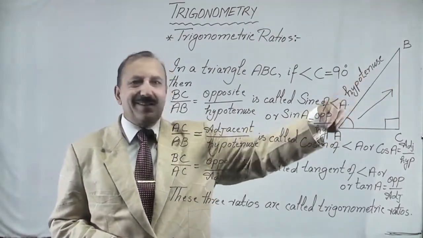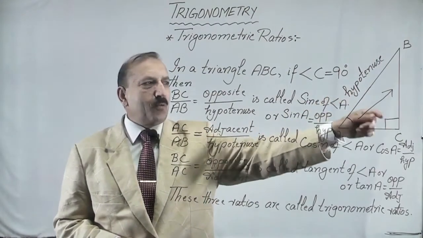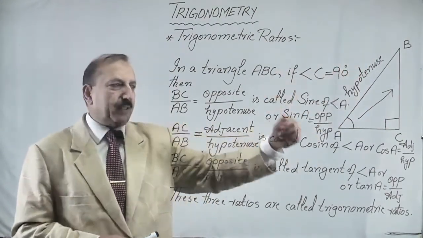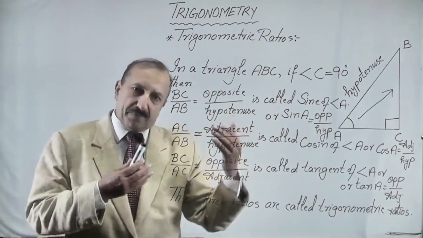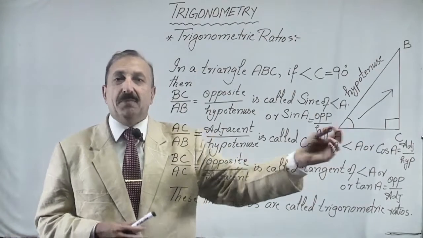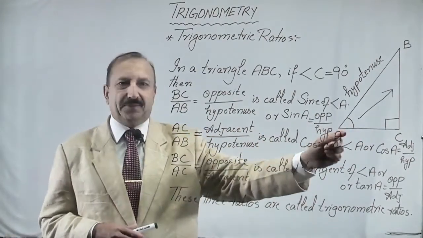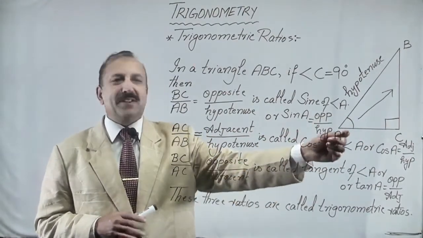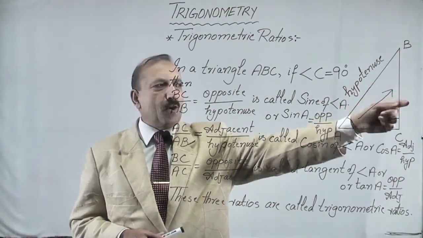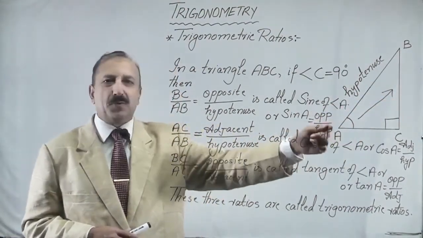And the longest side in the triangle, which is opposite to the right angle, will be called hypotenuse all the time. And the third side will be considered adjacent all the time. But it depends on this angle. Here I have mentioned angle A.